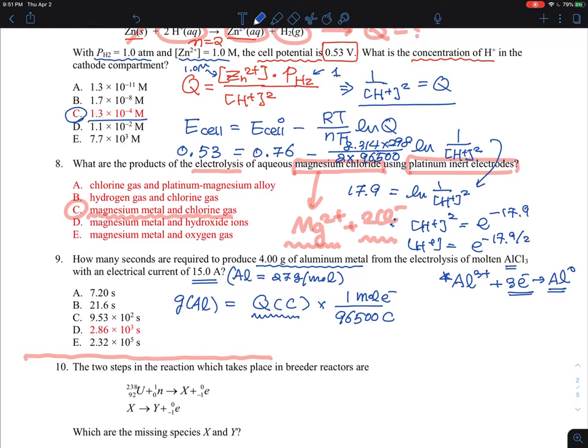You don't have to remember this current equation: Q, I wrote a capital Q, is current I multiplied by t. The ampere, which is the current, is Coulomb divided by second.